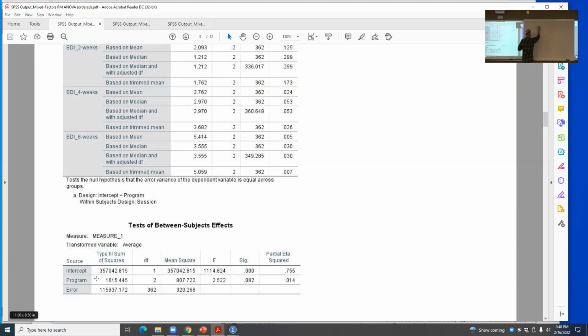We talked about sum of squares total, then between, within, and then here in a 2x2 design, we've got group, and then we've got between error. Here, we've got our repeated measure.